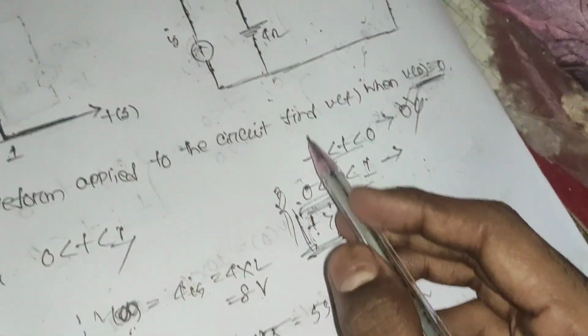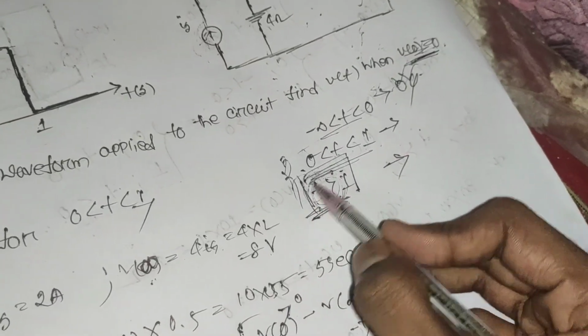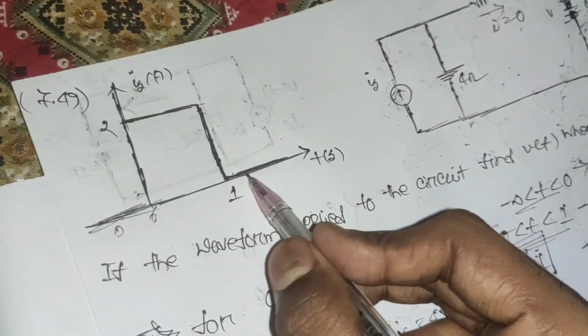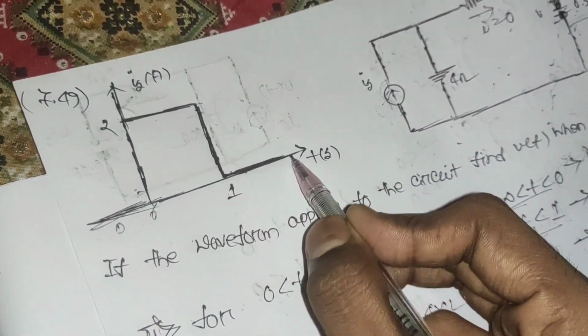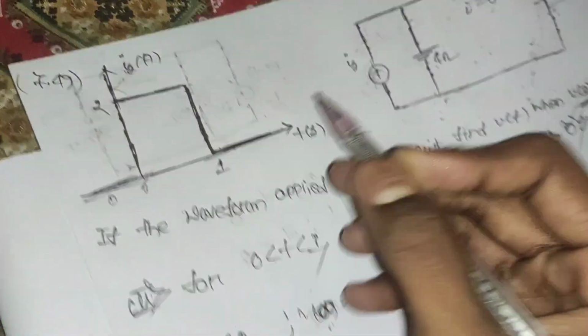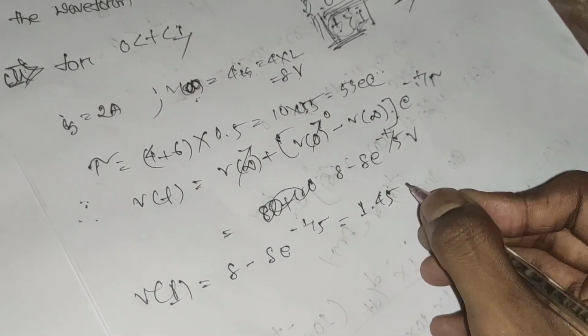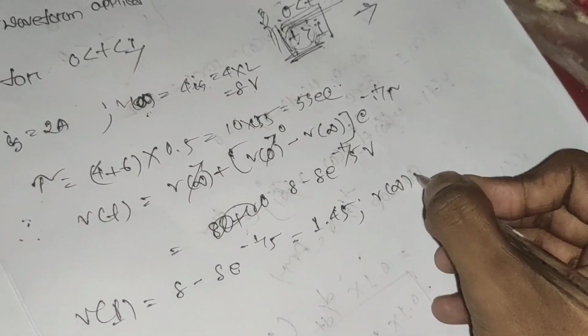And for t greater than 1, the value of current will be 0, so V infinity will be 0.